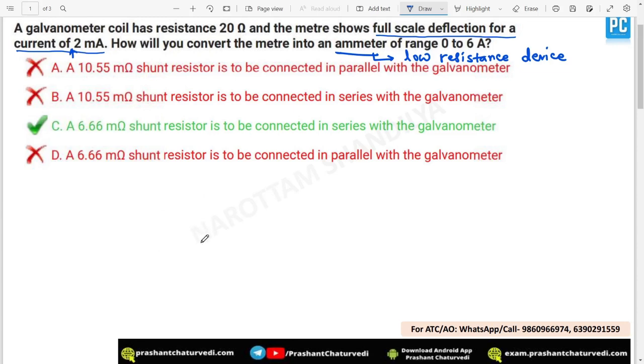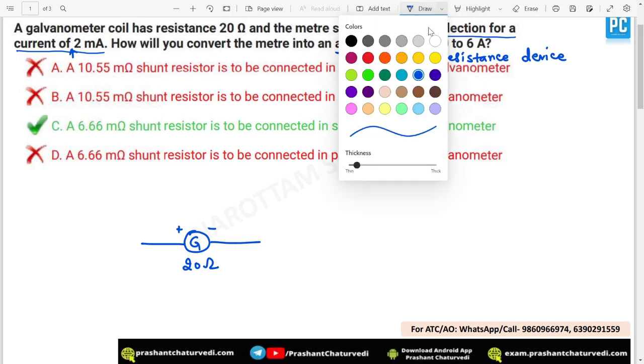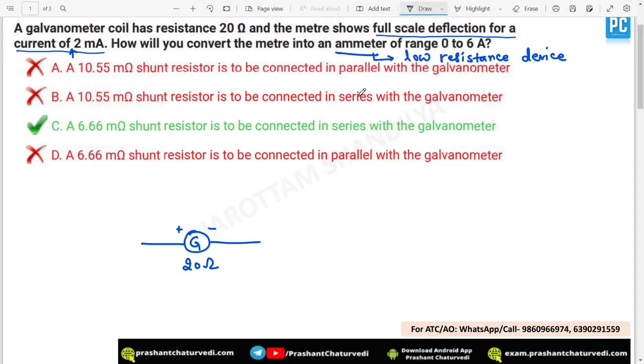So suppose, I'm just taking an example right now, this is our galvanometer. Suppose this is the positive terminal and this is the negative terminal, and it has a resistance of 20 ohm, right? Now, because we have to convert this into an ammeter and it has a full scale deflection current of 2 milliampere, this cannot be changed.